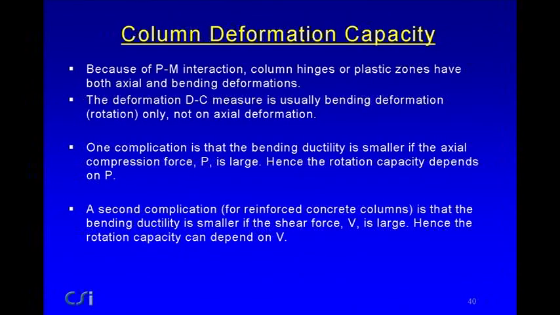Column deformation capacity. Because of PM interaction, column hinges or plastic zones have both axial and bending deformations. But the deformation demand-capacity measure usually uses only the bending deformation, just the rotation. You don't worry about the axial deformation. Your capacity is based on the rotation.